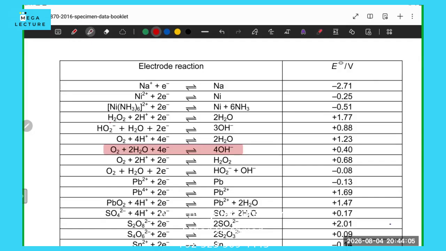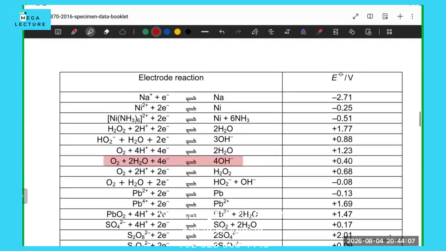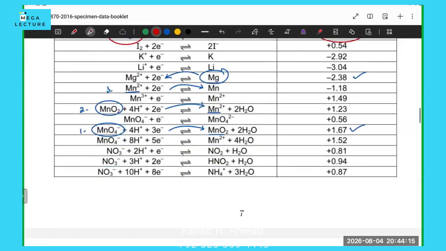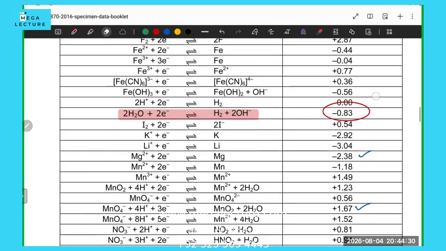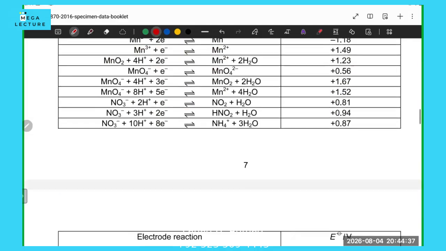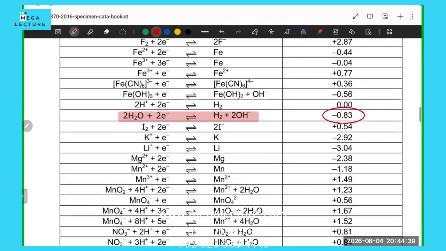Yes. And for hydrogen gas, I have to look for an equation that also has OH ions, because it's an alkaline medium. I have an equation of hydrogen with OH ions. One value is -0.83 volts, which is the lower one, so this is the one that's going to lose electrons.